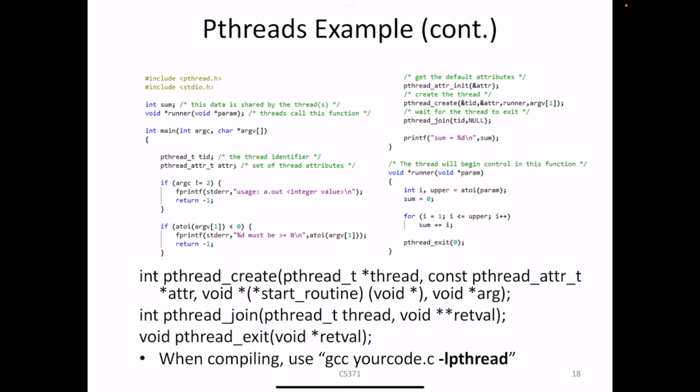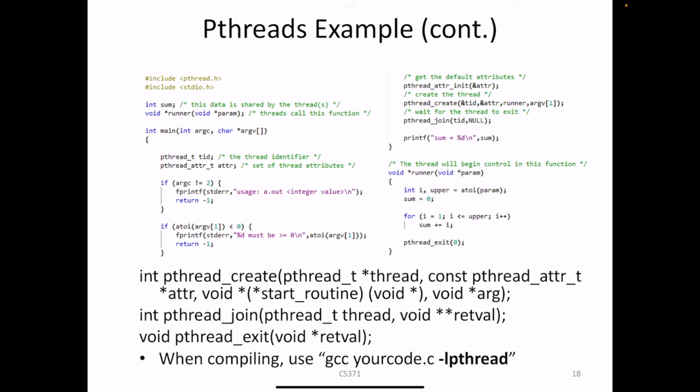Here, since the threads are within the same process, they naturally share the global data, as we have mentioned in the previous lecture. We do not need extra communication between threads, which is much more convenient than process communication. Within the for loop, we will do the summation from 1 to the input integer n.